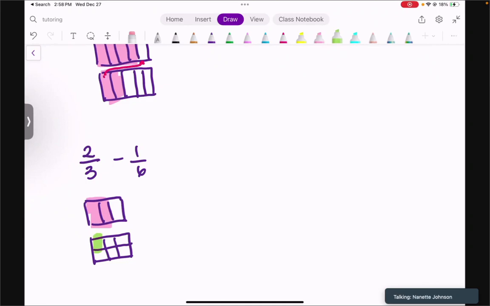I can't just take away one of the pieces. The answer here is not 1/3, right? So the first thing that I want to do is cut the first pan so that it matches the second pan. Now I can take away this one piece, and now it's clear I have 1, 2, 3 out of the 6 left.